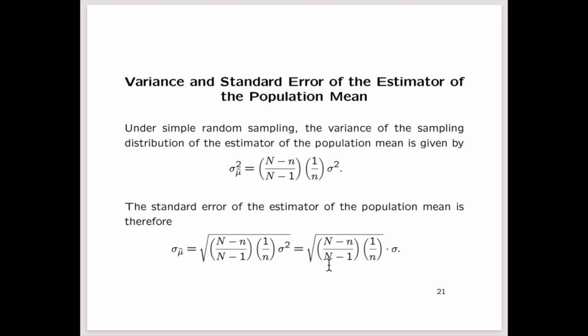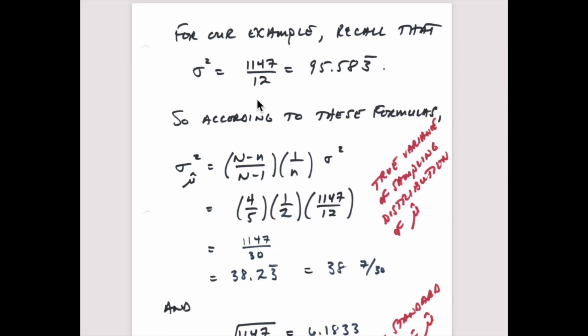And again, we could pull the sigma squared out after taking the square root, and we would have this equivalent expression. Now, for the example that we've been looking at, recall that the population variance is 1147 over 12, or 95.583 repeating.